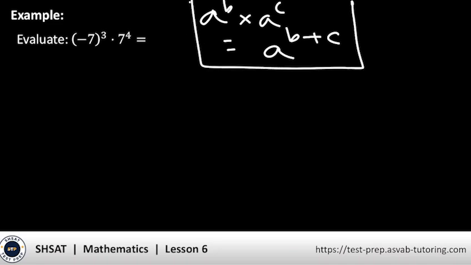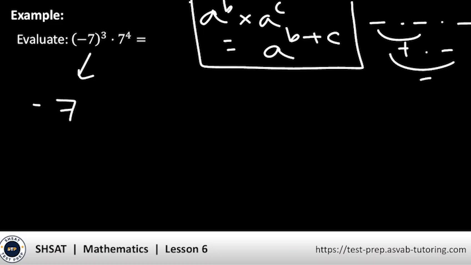So let's just look at this question. First of all, -7 to the power of 3. Whenever you have negative and negative, and it's like thrice, let's just try to do this. Negative and negative makes positive, and then positive and negative makes negative, right? So can I write this as -7 to the power 3? We can, right? And then times 7 to the power 4.